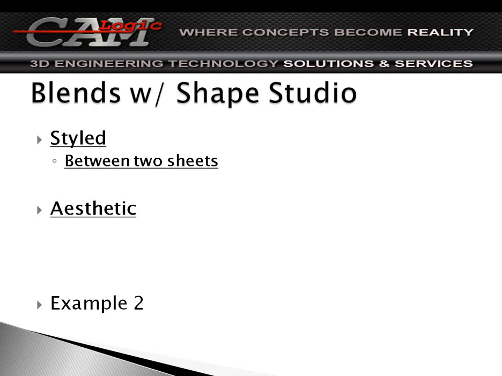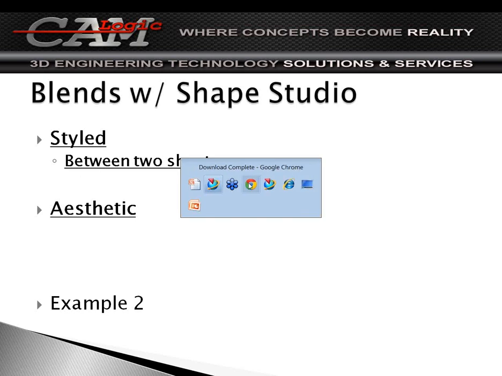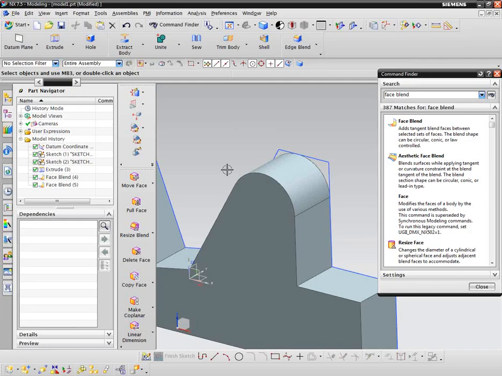So I'm going to open up the dialog for aesthetic and styled, which essentially will make your joining blend surface look great, of course, but at the same time it's what you're looking for. If you're looking for function and you want to do it quickly, then the technique we're looking at will do just fine.